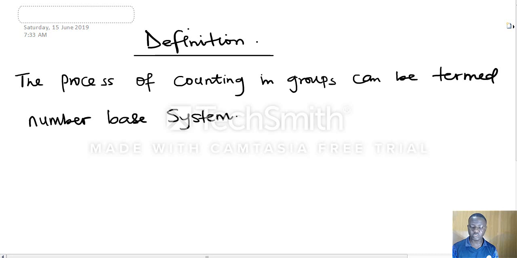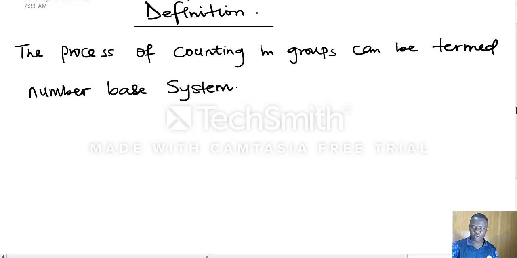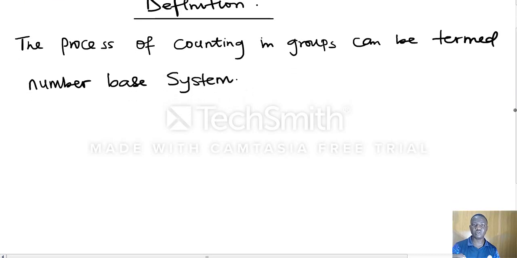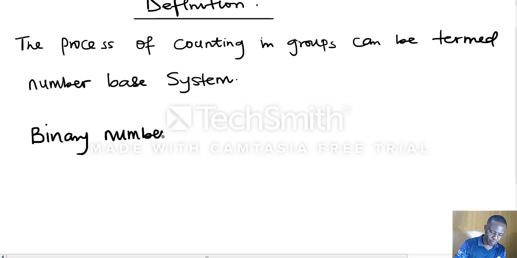The process of counting in groups can be termed the number base system. And we said the process of counting in groups of twos can be said to be the binary number system.